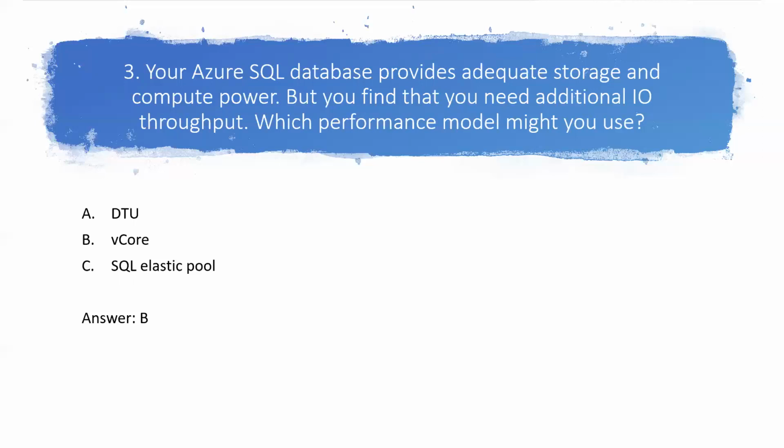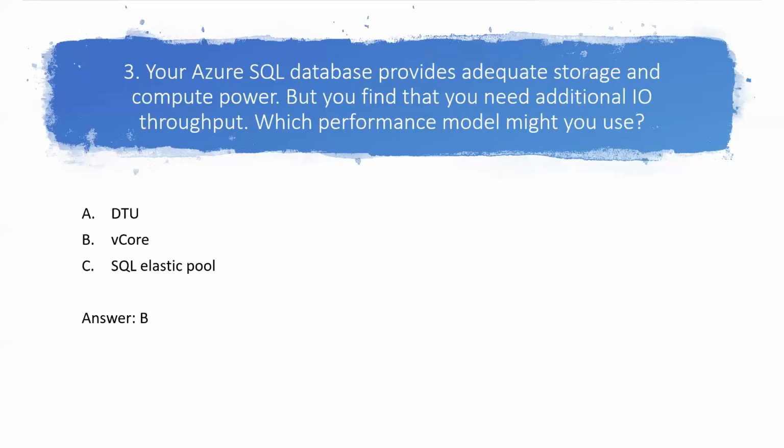SQL Elastic Pools enable you to buy a set of compute and storage resources that are shared among all the databases in the pool. This option won't help with input performance because you are working with just one database.